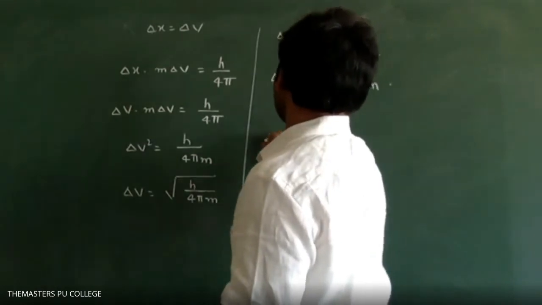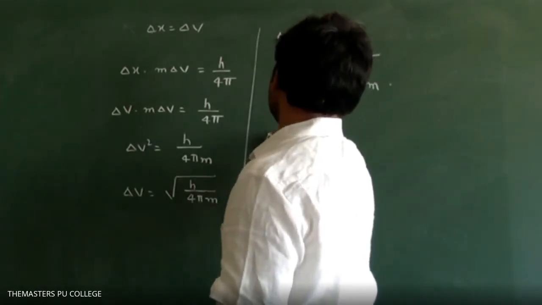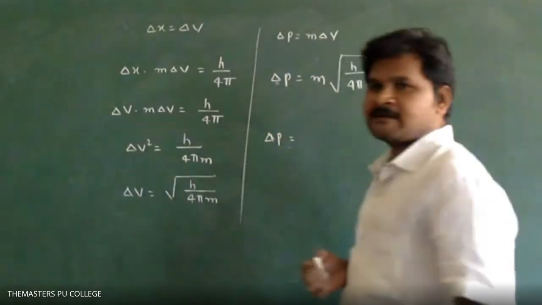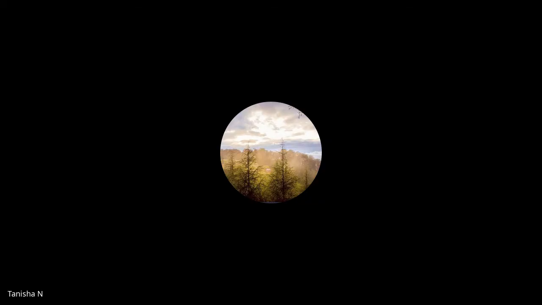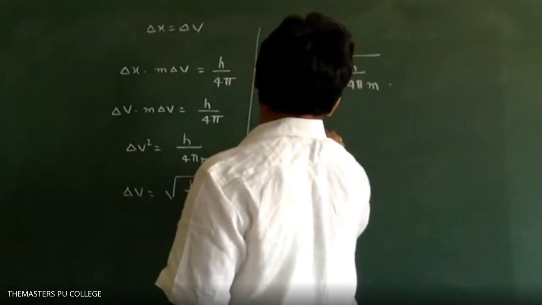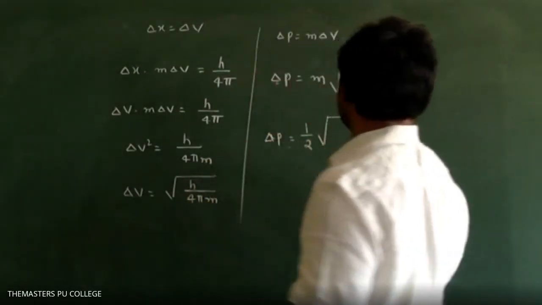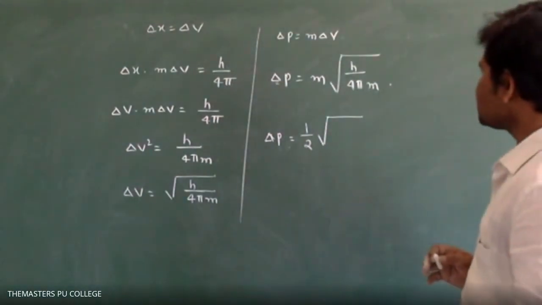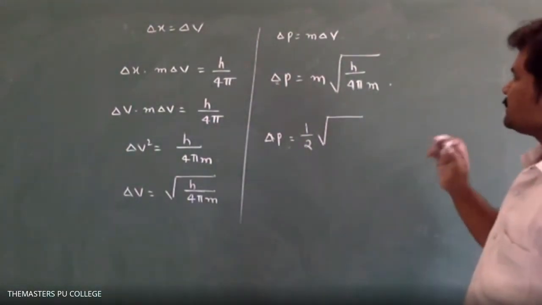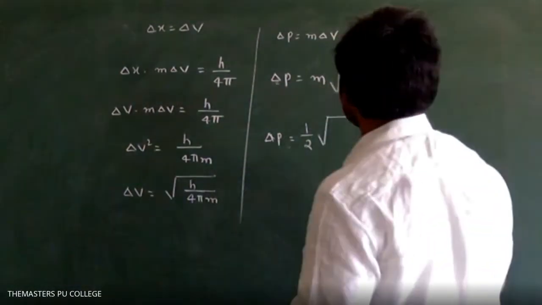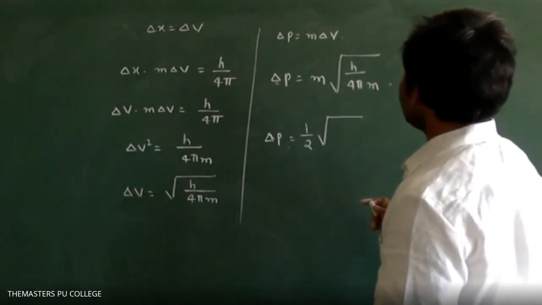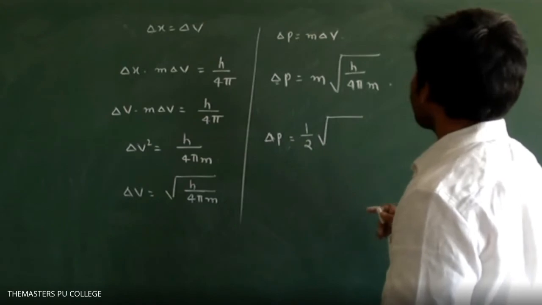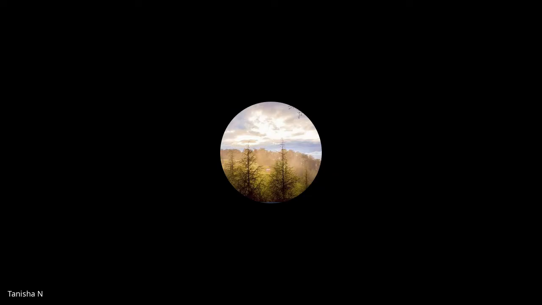If we simplify this, what does delta p become? We can divide the root.